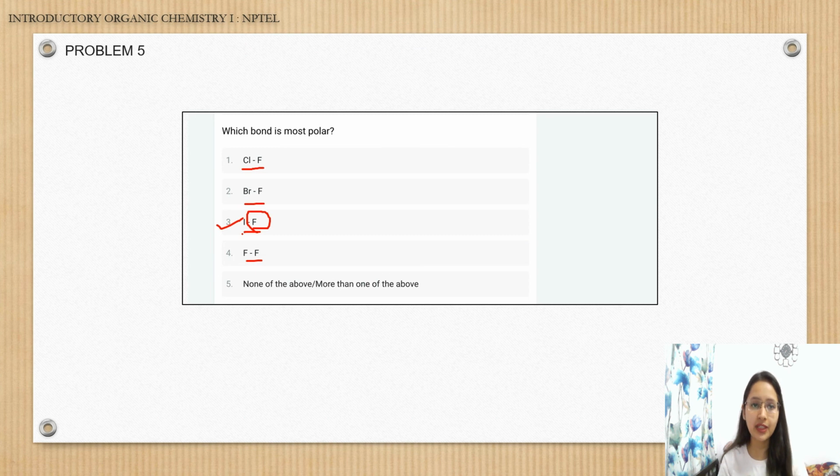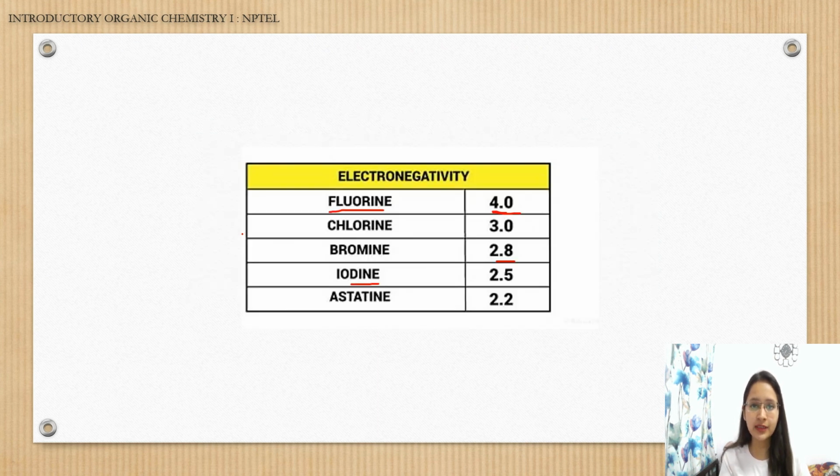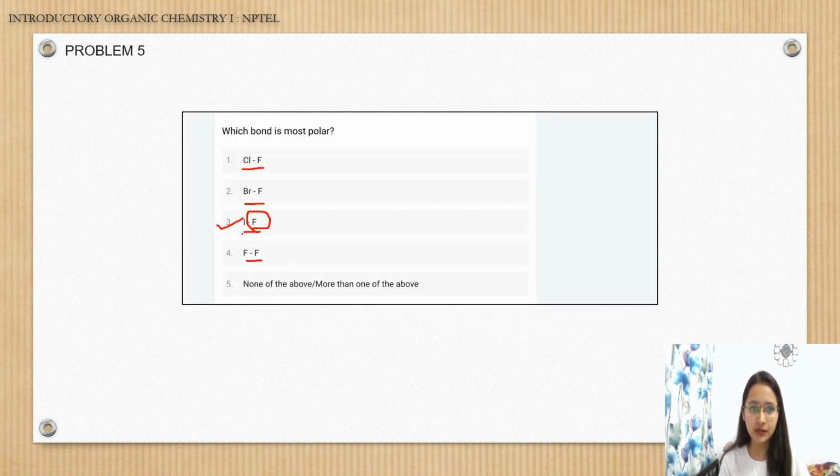So the bond distance between I and F is high because of the stretching of the electron density towards fluorine. That is why I and F have the higher bond length, and the polarity of this bond increases. So this is why the IF bond is the most polar of all the given options.